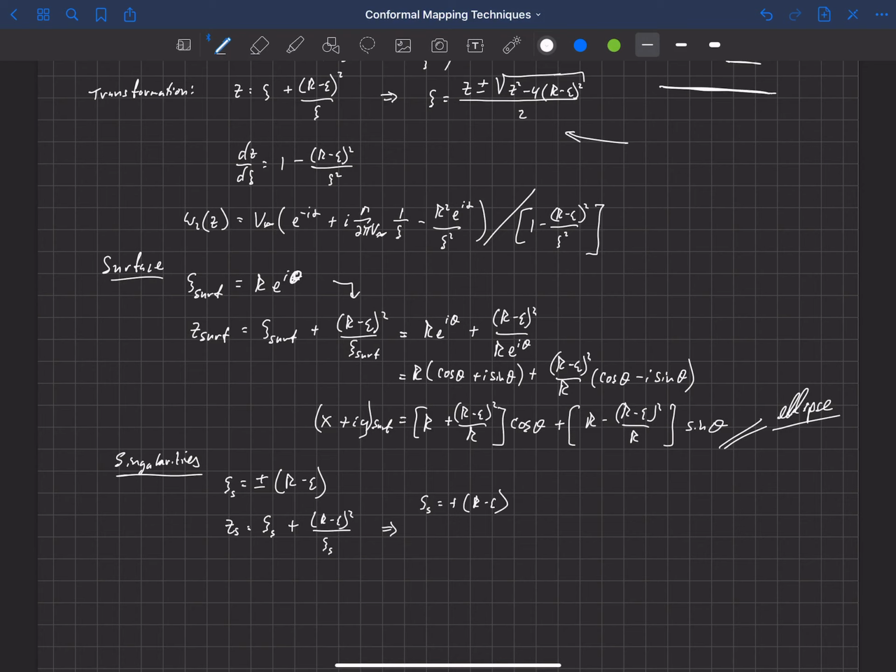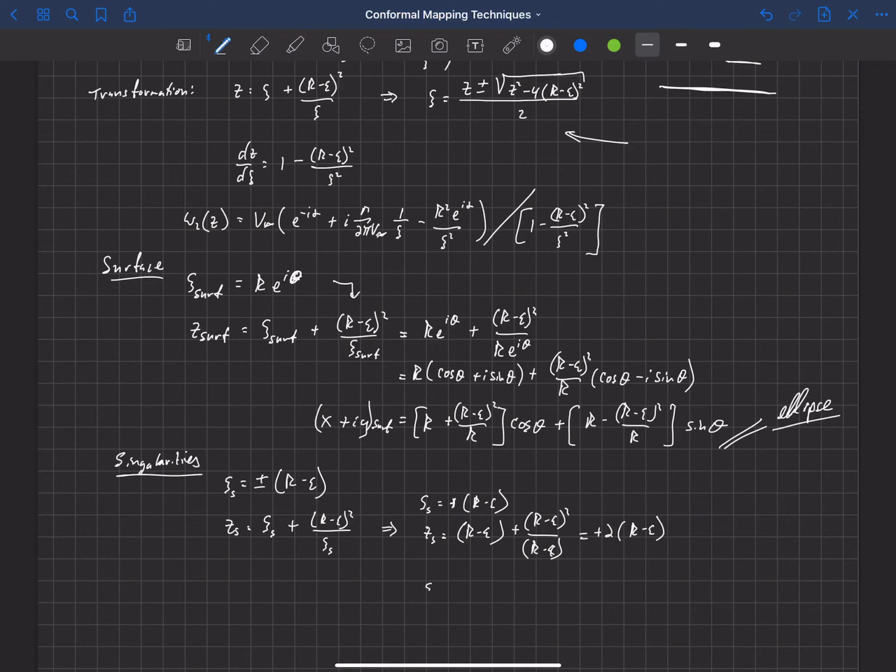That's our first singularity. So that's going to give us a z singularity of r minus epsilon plus r minus epsilon squared over r minus epsilon. And so that gives us 2 times r minus epsilon. That's a positive.